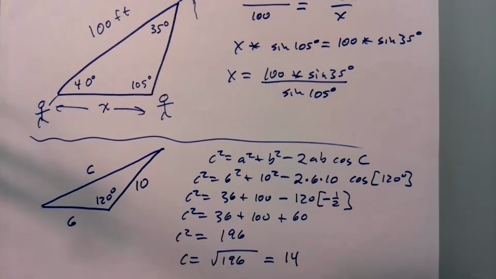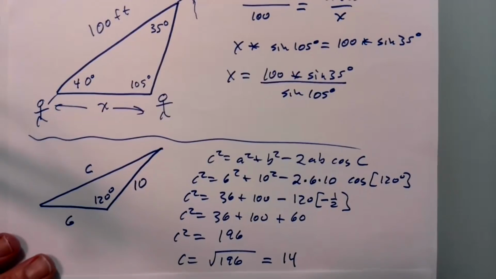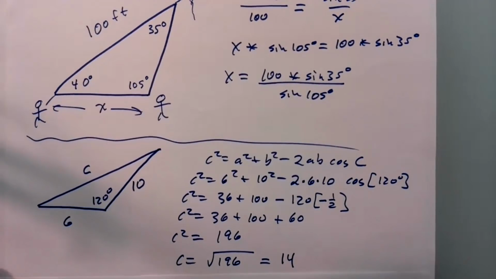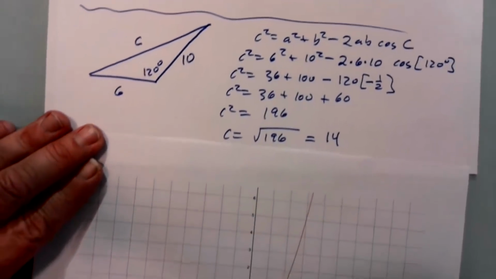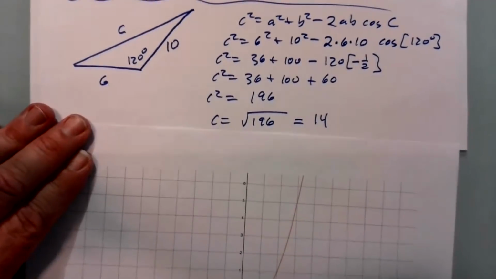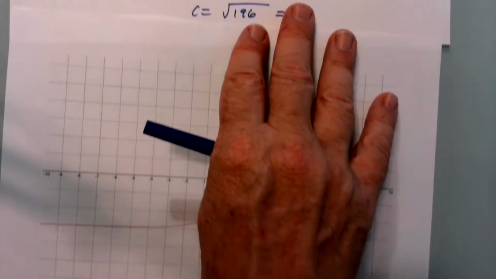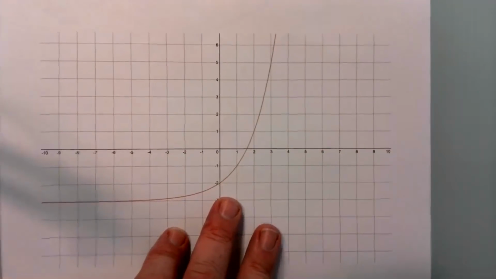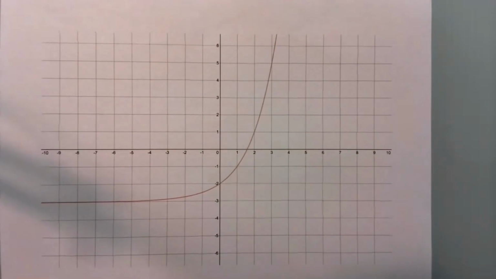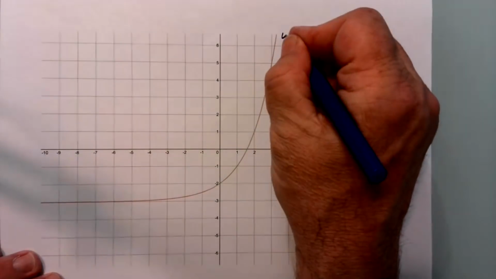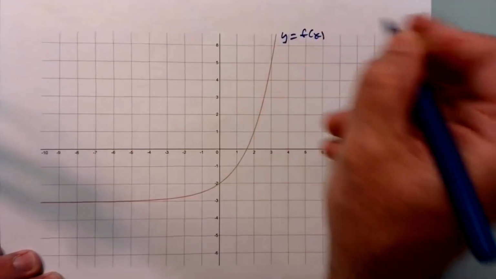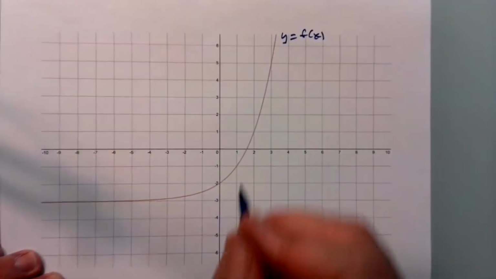All right, I want to take a look at an inverse question. If I give you the following graph, can you construct its inverse? Let's make sure you can see this. So here we go. Here's the graph. We are given a graph of y equals f of x, and the goal is to construct an inverse.